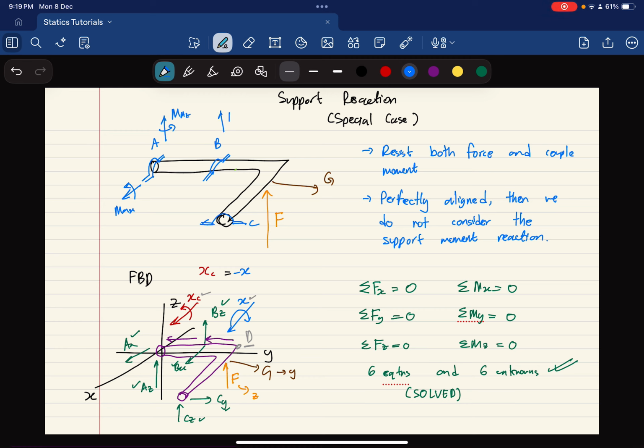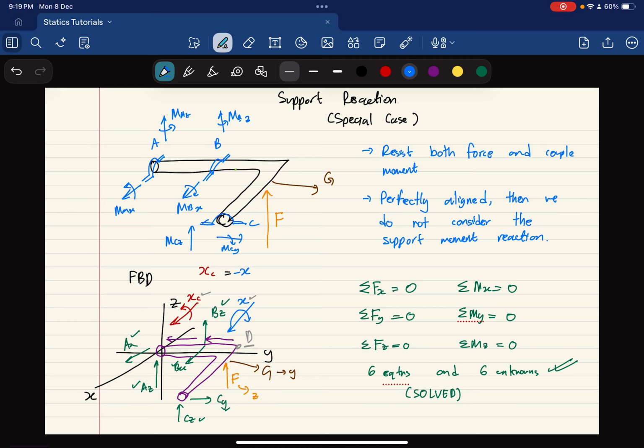Same also goes to here, so MBX, right? And then MBZ, sorry, MBX, my bad, my apologies here. It's supposed to be Z, yeah? Okay? So we don't really need to find that. And then we have MCY, okay? And MCZ, alright? So we don't really need to find that actually.